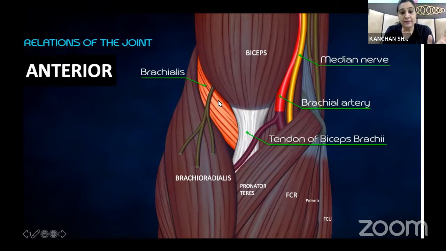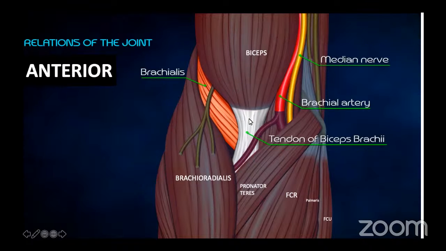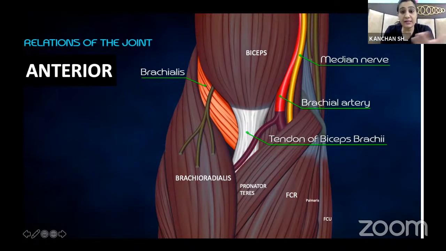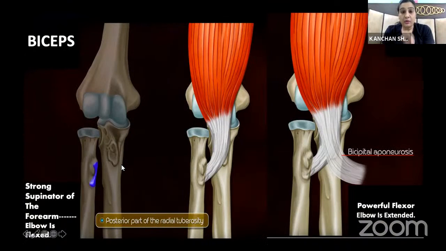So one muscle is your brachialis, the other muscle is your biceps, but what is more important to us in this area is the distal tendon of the biceps muscle. Okay, so now you should remember these two very important things about the biceps muscle.